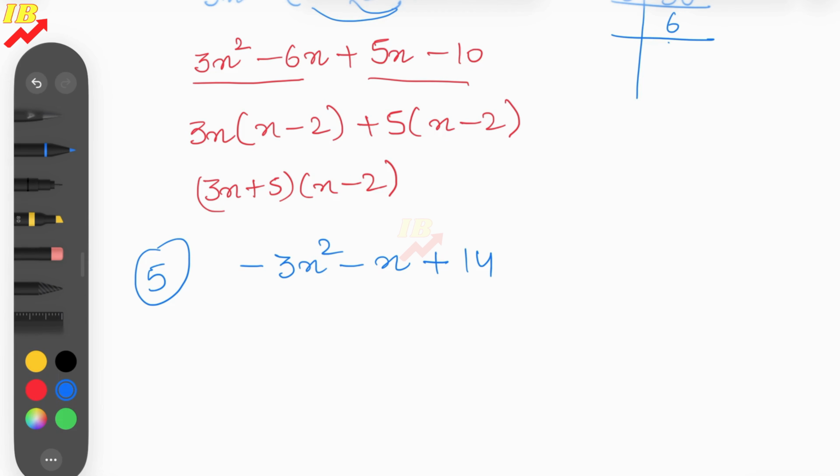So this type of question is a little difficult to solve. So it is better to make your x² coefficient a positive one. What I mean is just take a negative sign common from all of these. So it is giving you −(3x² + x − 14).